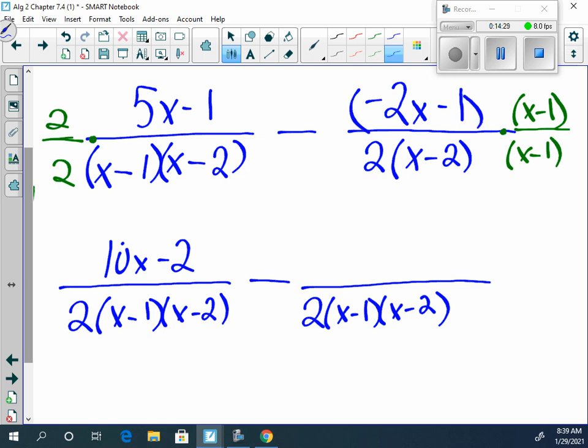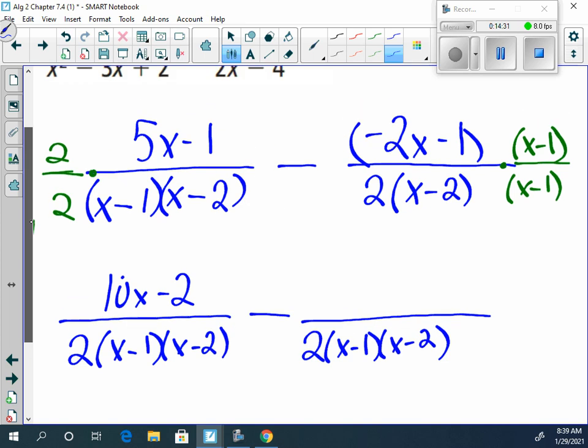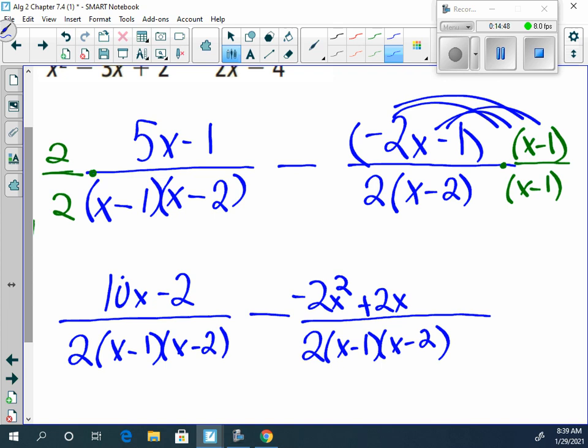We can say there are parentheses around this here, and we're going to use our distributive property. So negative 2x times x is going to be negative 2x squared. Negative 2x times negative 1 will be plus 2x. Do the same thing with negative 1.